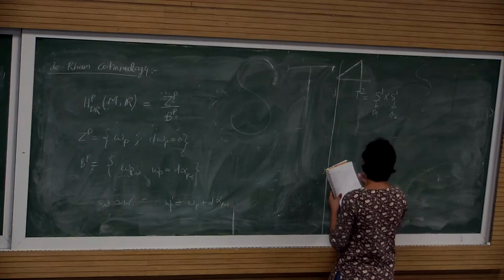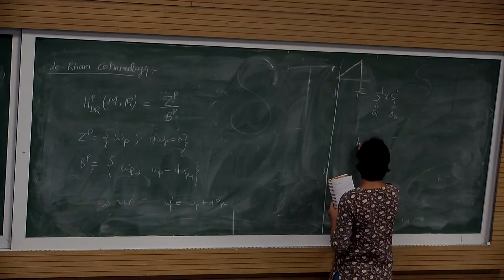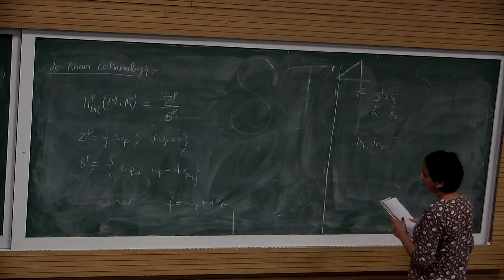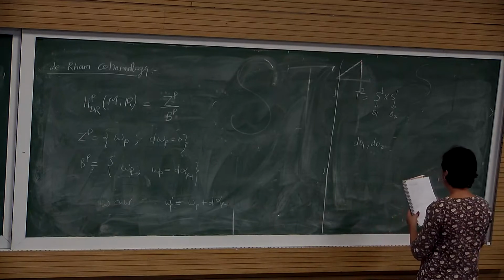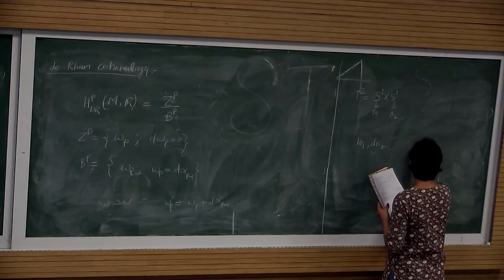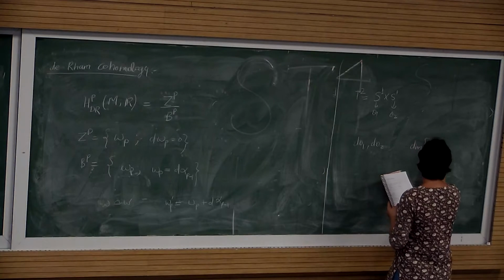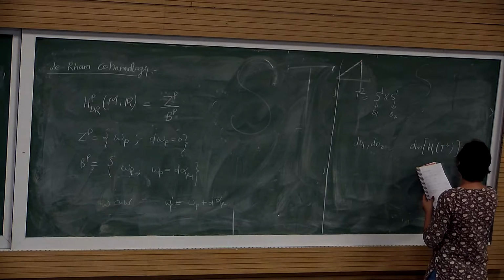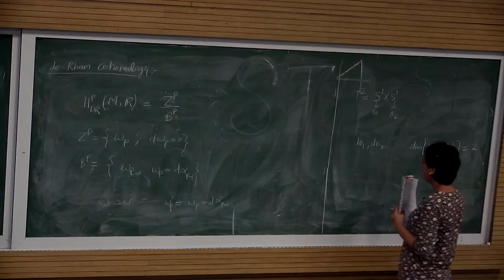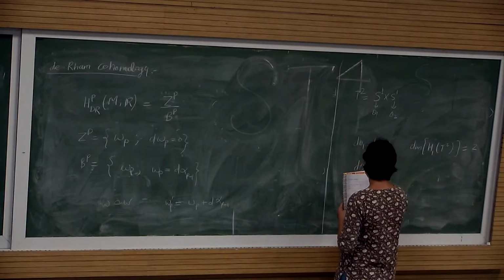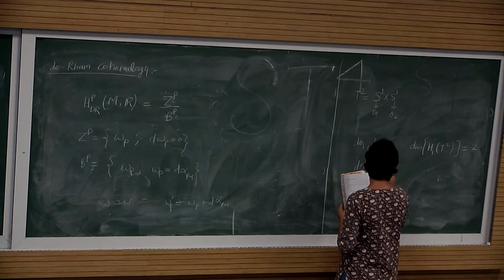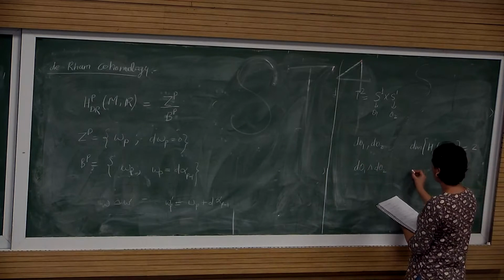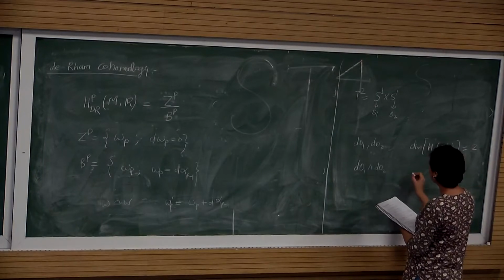Then all possible 1 forms we have are d theta 1 and d theta 2, which cannot be written in that exact form. So basically the dimension of H1 of T2 is 2, and only one closed two-form exists, all others will be dependent on this, which is d theta 1 wedge d theta 2.